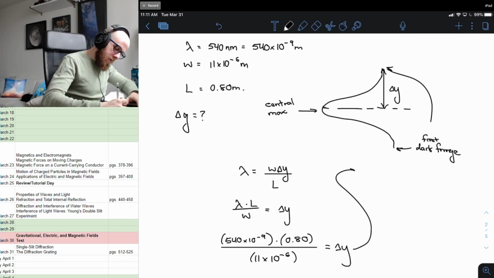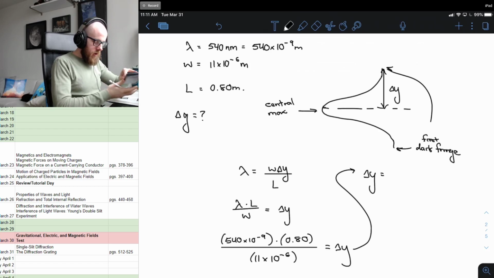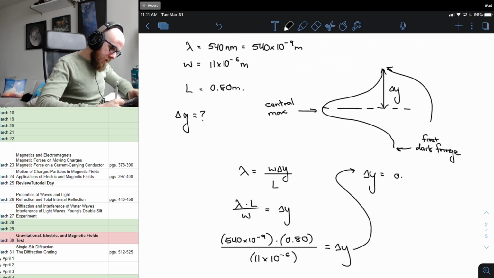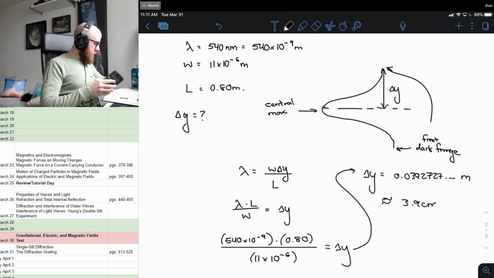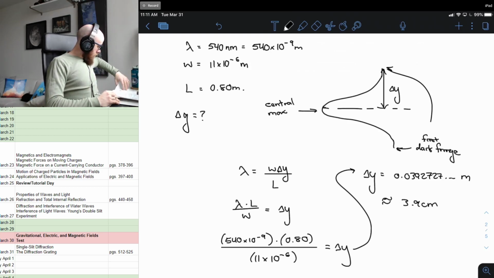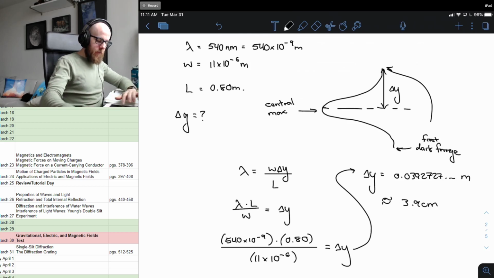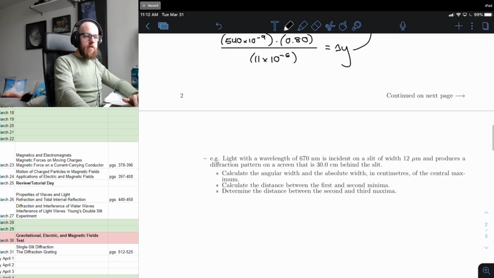So delta y will be 0.03927727 meters, or approximately 3.9 centimeters. I'll pause here.